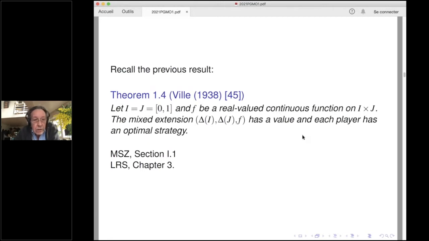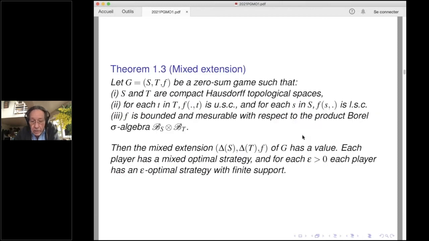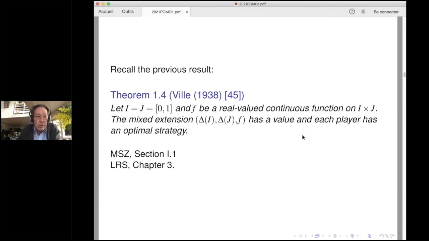I recall that these results are from the 50s, okay? There was a much earlier result by Jean Ville, who was a student of Borel, and he proved the min-max value on the square. And it was the first proof of the min-max using the Hahn-Banach theorem. The proof by von Neumann in 28 was using a fixed point.